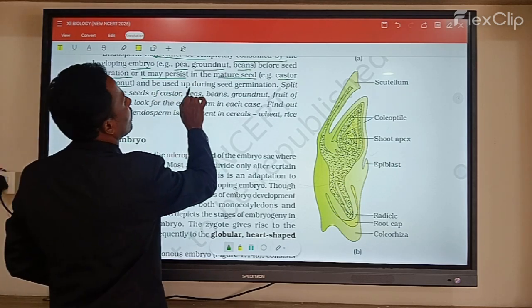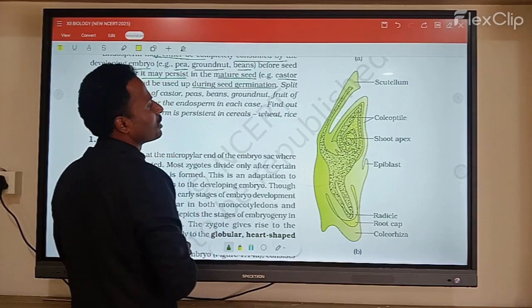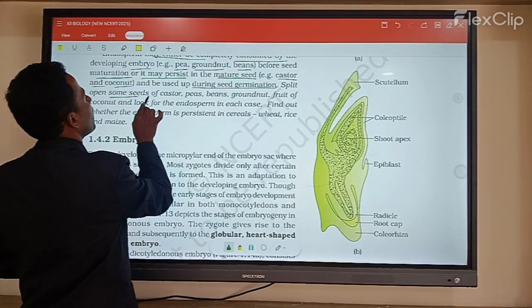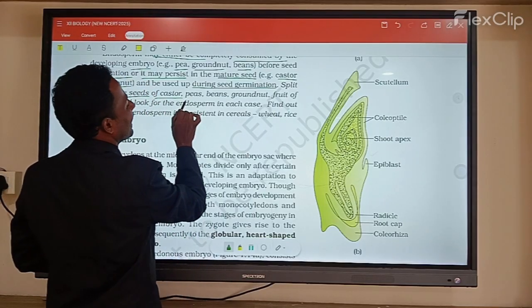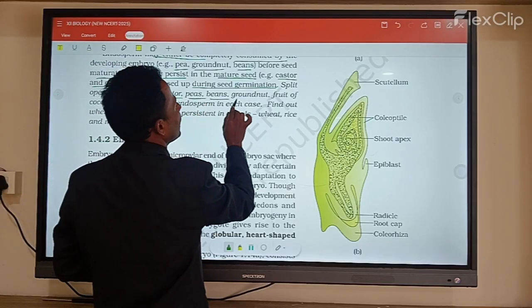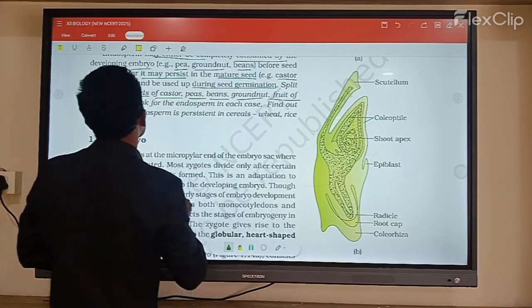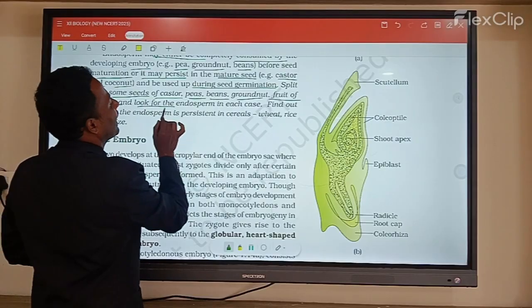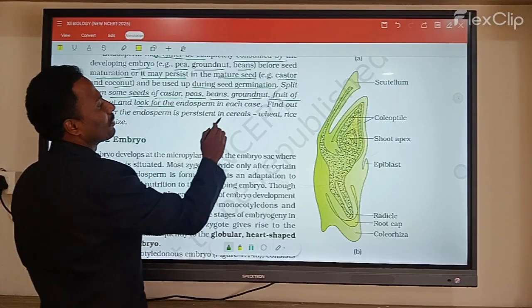These are used up during seed germination. The seeds split open in some, like castor, peas, beans and groundnuts. The fruit of the coconut also has endosperm.